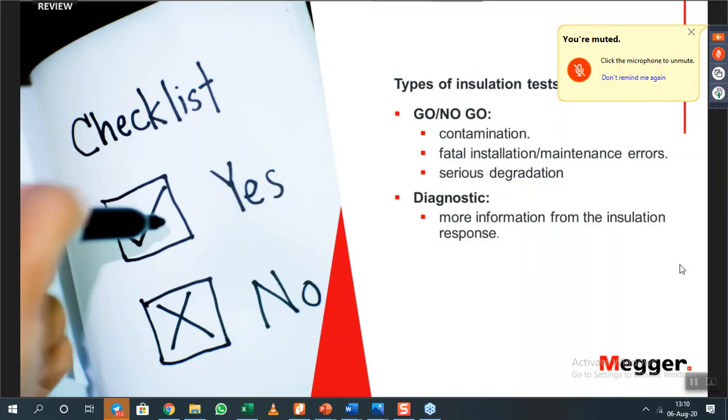You can also do diagnostic tests, and this diagnostic test will give you more information from the response of the insulation. So for me, it is better that if your insulation passed the go or no go test, then you do the diagnostic test for a better view or better information of the condition of your insulation.